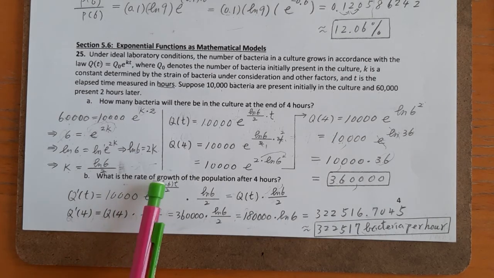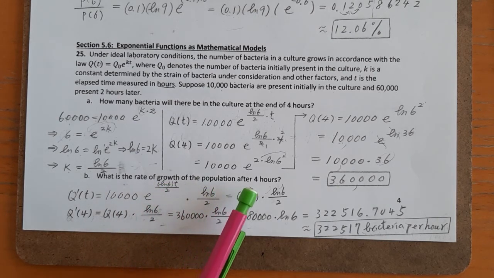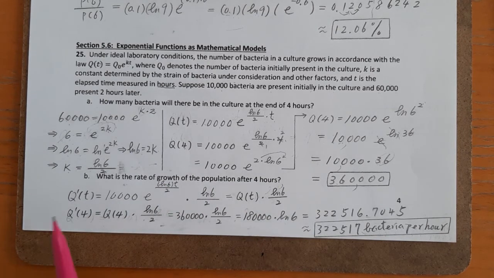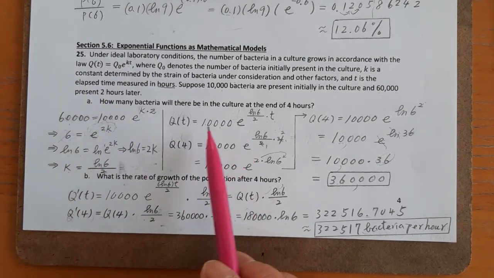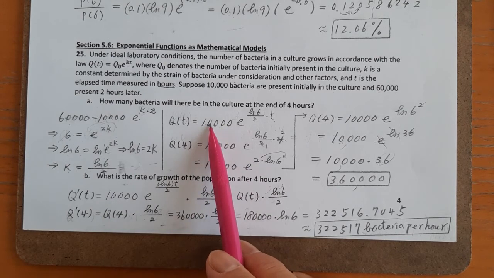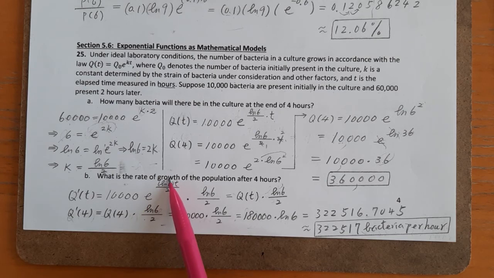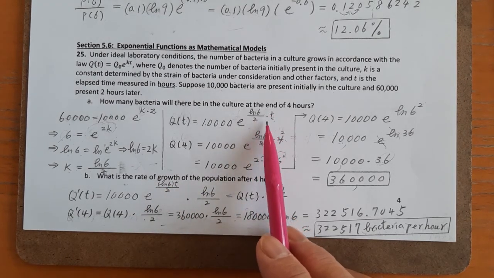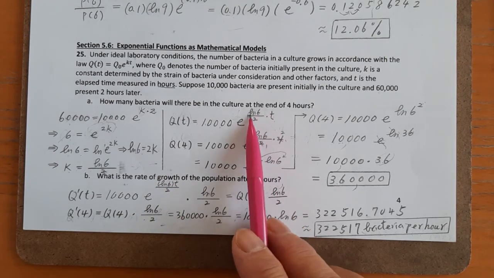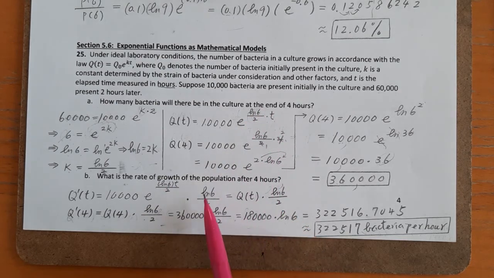And what is the rate of growth of the population after 4 hours? So you have to take the derivative. Q of t, take the derivative. Q of t is this. The derivative is 10,000, e, the derivative is still e to the power u. And by the chain rule, this u's derivative is still times ln 6 over 2.